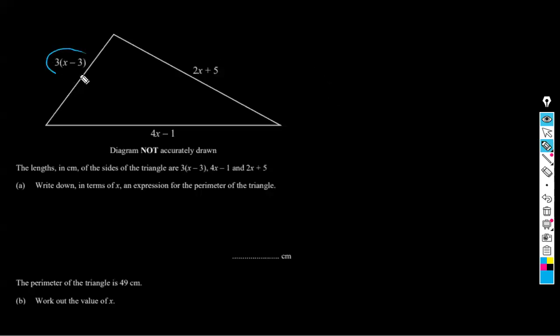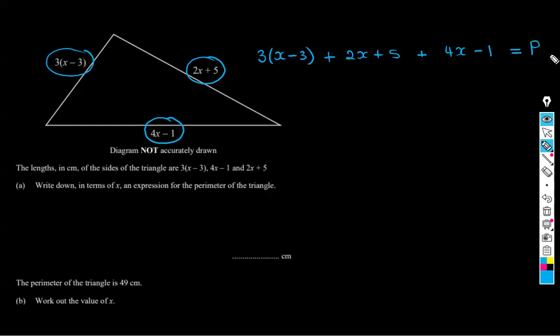If you add up the expression for all three sides, then it's obviously going to be equal to the perimeter because you're adding up all three sides. So it's 3x minus 3 plus 2x plus 5 plus 4x minus 1, and that will be equal to your perimeter. That's the expression they wanted in part A.